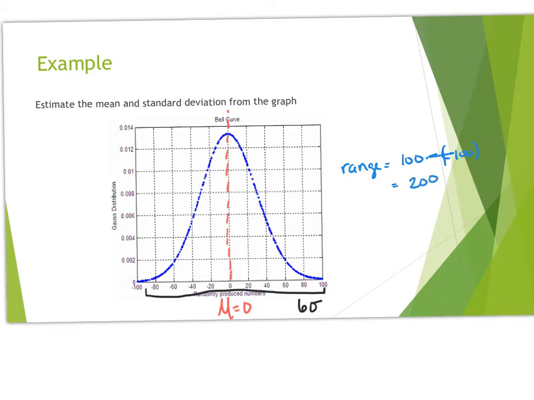So the data underneath this curve is falling under a range of 200, and it's spread out over 6 standard deviations. So to find sigma is equal to 200 divided by 6, which is 33.3. So your standard deviations occurring, your first one's here, next one here, and the last one's way out here. Same thing here, first one's here, next one's about here, and the last one's way out there.